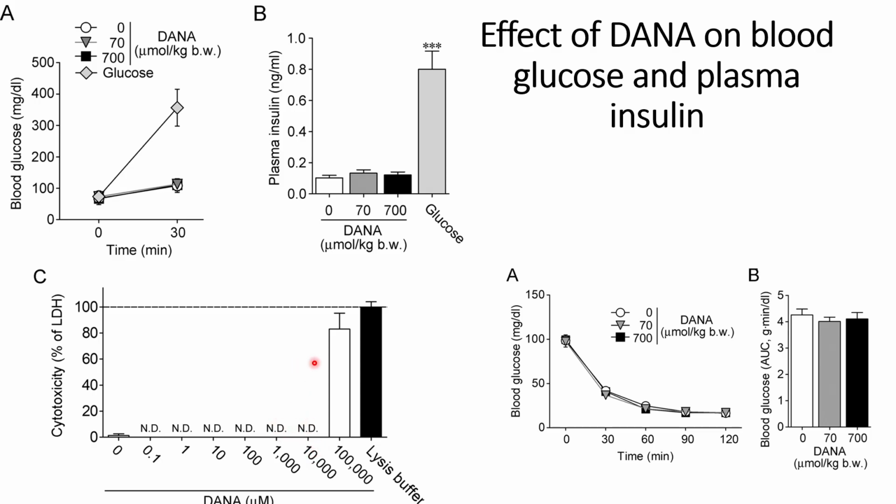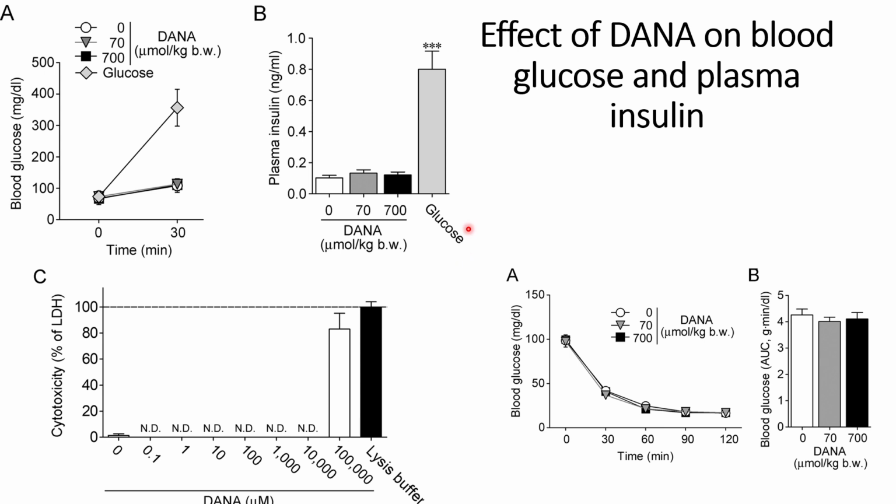However, above 10 millimolar, for example around 100 millimolar, the cytotoxic effect of DANA is predominant in the mice. So the ideal concentration should be 10 millimolar or less.